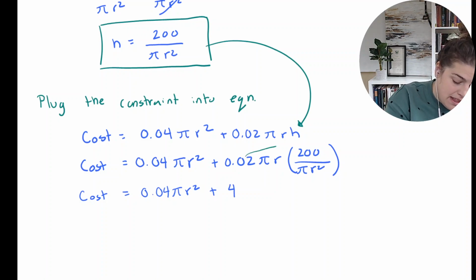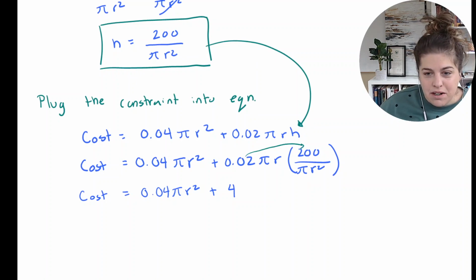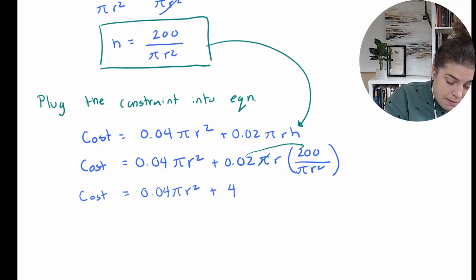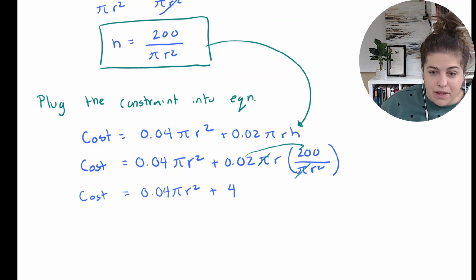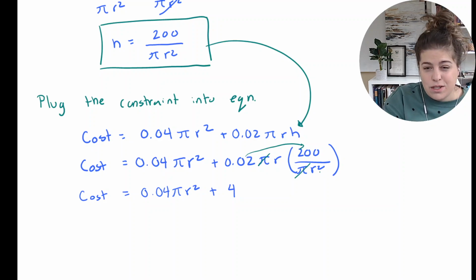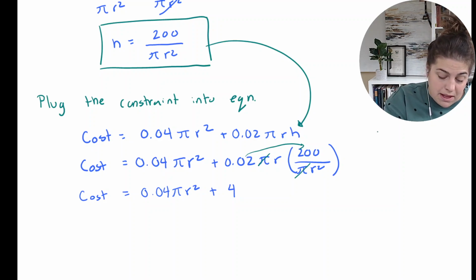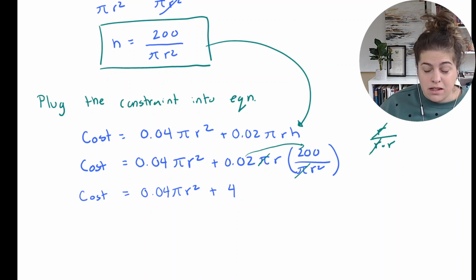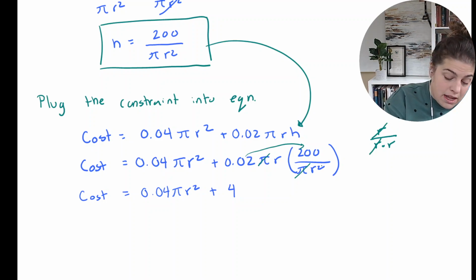So we can multiply the 0.02 with that 200. The pi is divided by pi, so that's going to cancel out. I have an r on top and an r squared on the bottom. So remember, that's like having r over r. So those cancel, and I'm just left with an r in the denominator. So this ends up just being 4 divided by r.